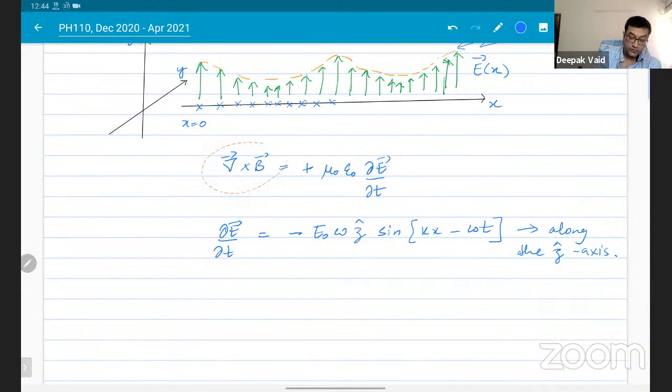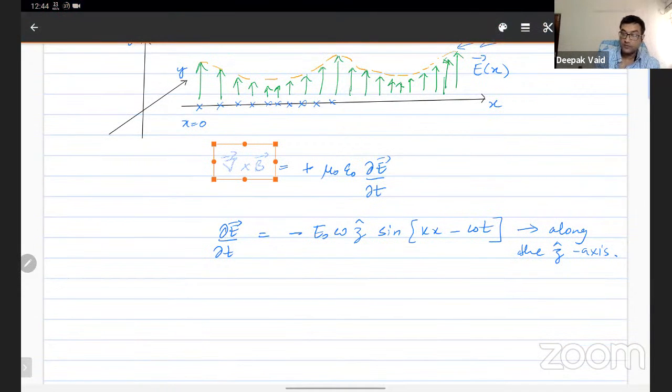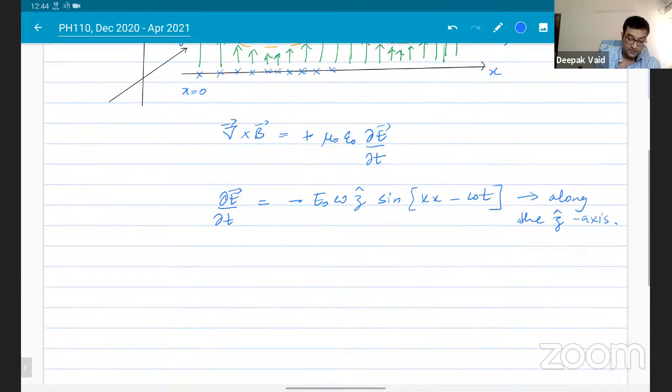So what can you tell me about the B field? This means that the curl of B is along the z-axis. So if the curl of B points in the z-axis, what can you say about the B field?